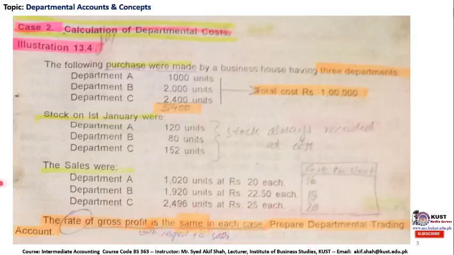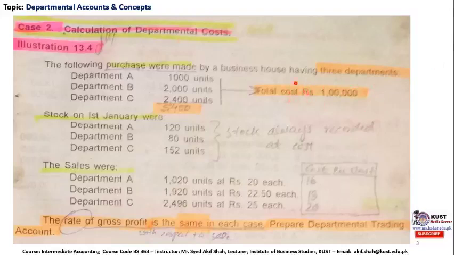So specifically in this data, we shall discuss the calculation of departmental costs in detail, like how to calculate the cost pertaining to purchases, as we have been given the accumulated cost of 100,000 rupees.